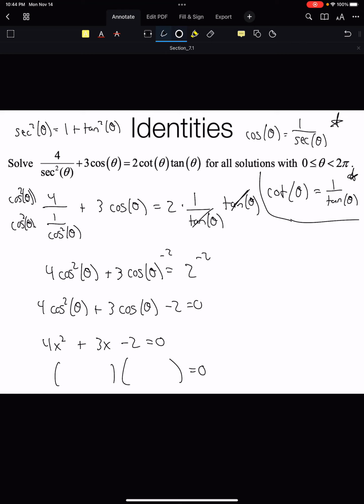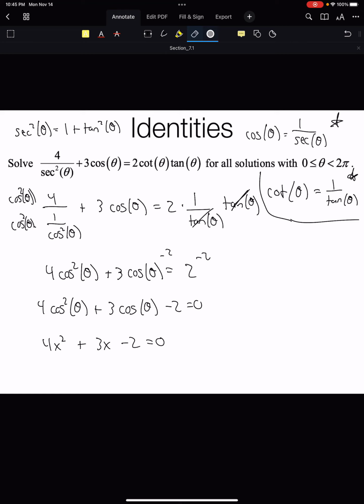Okay, but it turns out that you can try a number of combinations, so 4 and 1 or 2 and 2 in the front and 1 and 2 in the back, but it does not factor nicely. So I gave us a tough-ish problem here because it doesn't factor.